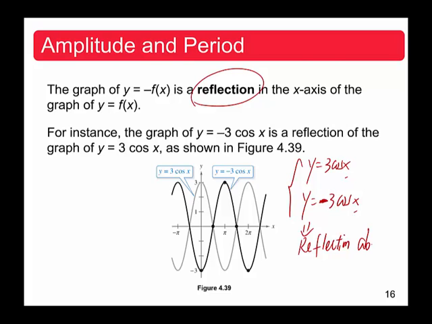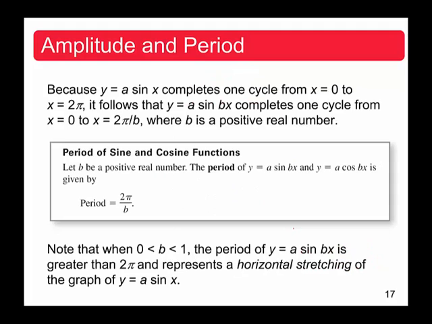So it's a reflection about the x-axis. That's why you see that the gray one is 3 cosine x, and the black one is negative 3 cosine x. They are reflected about the x-axis, a mirror image on the x-axis.